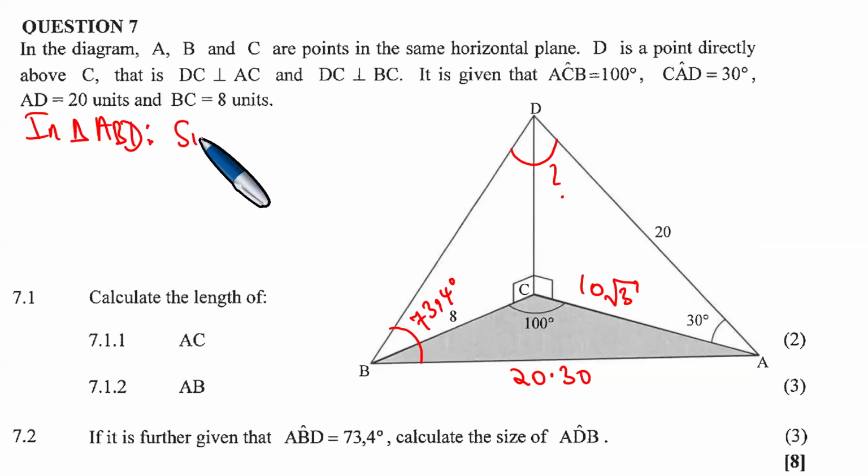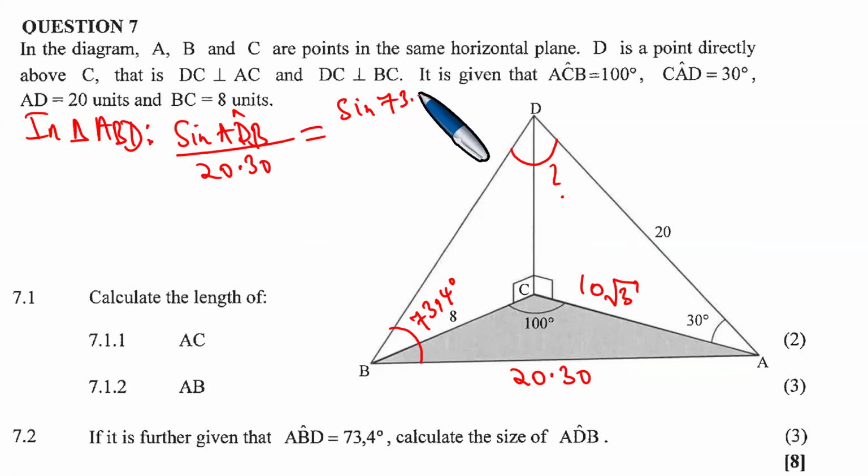The sine of ADB divided by 20.30 is equal to the sine of 73.4 degrees divided by the opposite side, 20.